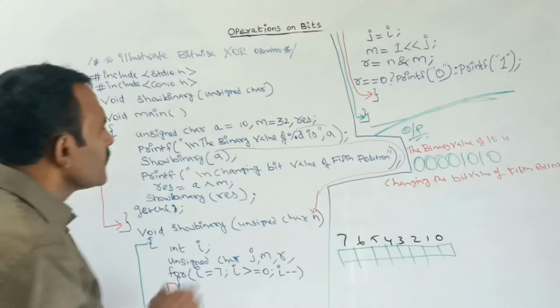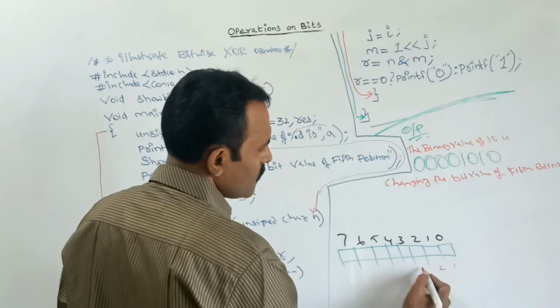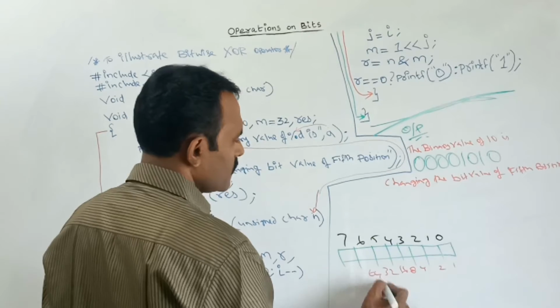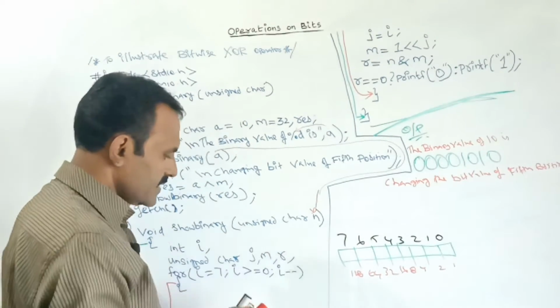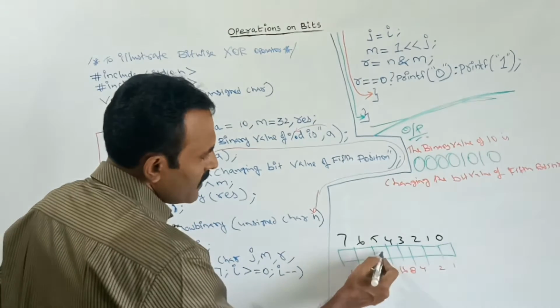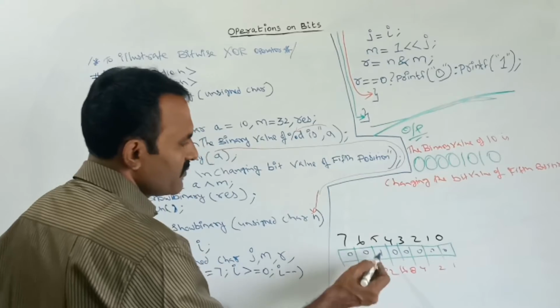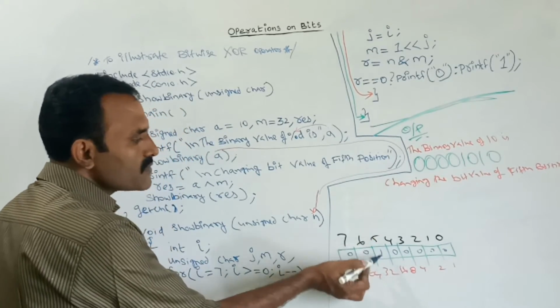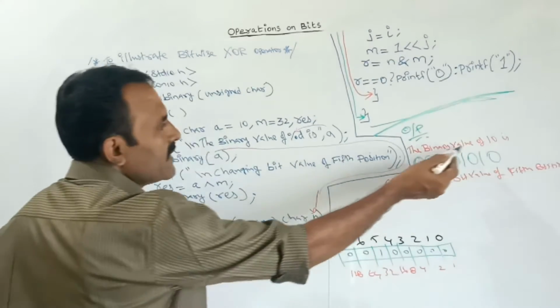Here what is the value? 32. If I want to change the 5th bit, then here I give it as 1, and the remaining bit values are 0. This is the mask value for changing the 5th position of the operand. So here, what is the binary value of 10?